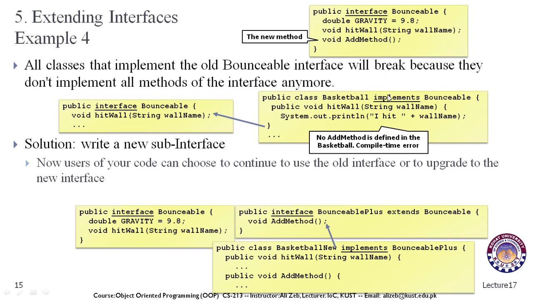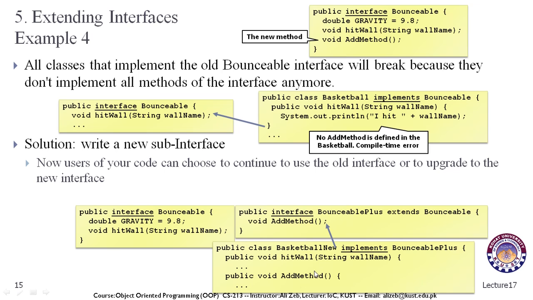And the alternative we can do is create a new interface that extends our old interface. And now if there are classes that need to implement this new method, those classes will implement this new interface.